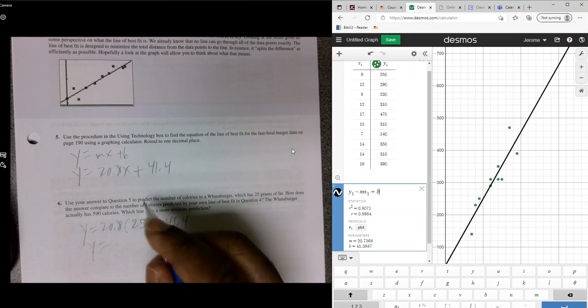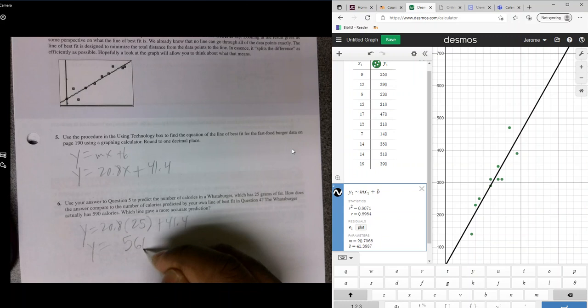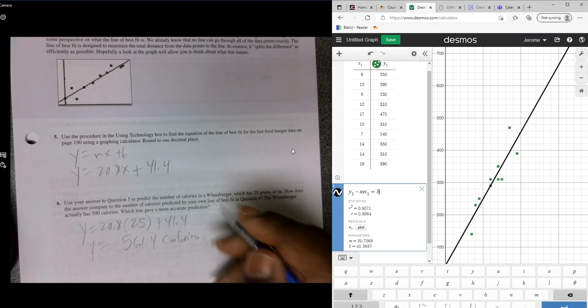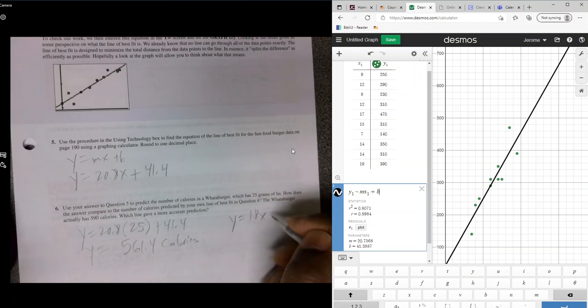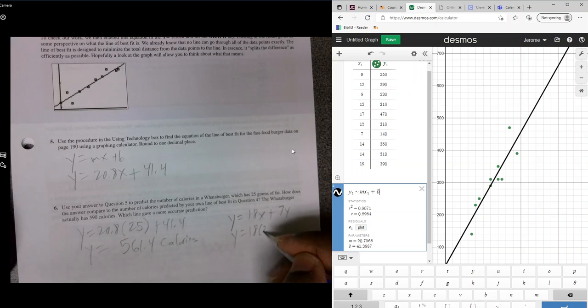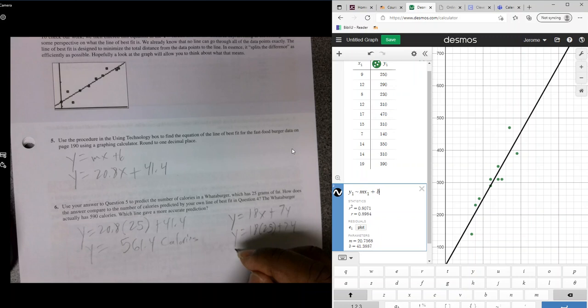Now, going back to the formula that I had got, my formula was y is equal to 18x plus 74. Now we'll put in 25. So 18 times 25, let's see, what's that? 450 plus 74, which is 524.